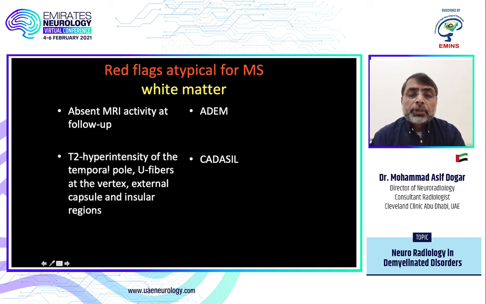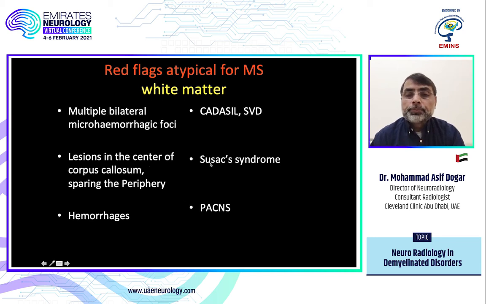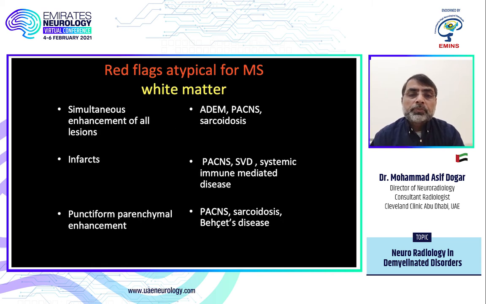If you have involvement of the anterior temporal lobe, U fibers, external capsule, then think about CADASIL. So multiple bilateral small hemorrhages, think about CADASIL, small vessel ischemic disease, lesion in the center of corpus callosum, Susac syndrome. And then if you have a large hemorrhage or multiple small hemorrhages, think about primary vasculitis of the CNS.